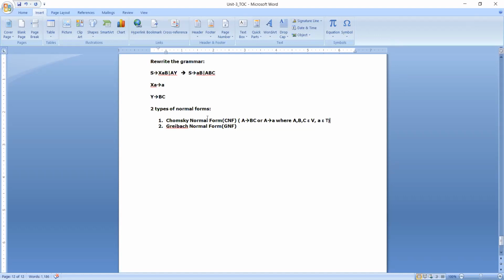I can say my grammar is in Chomsky normal form if and only if all my productions are in this form: A derives to BC. On the right-hand side of any production, a maximum of two variables should be available, or there should exist at most one terminal on the right-hand side of the production.